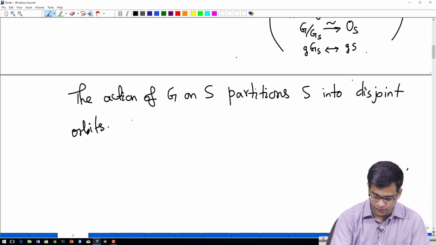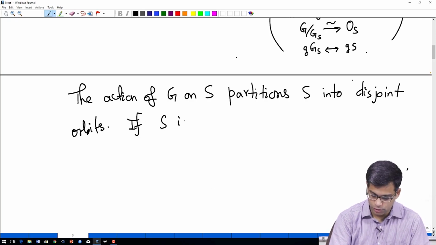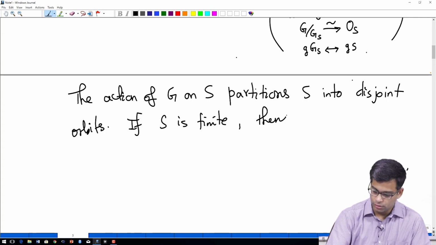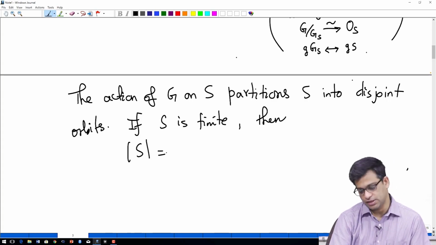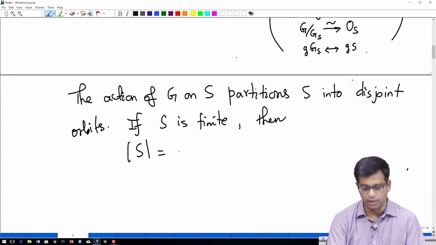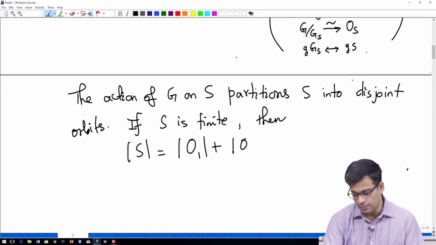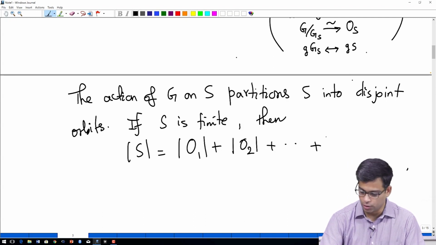So, if S is a finite set, then we can write the order of S, or the number of elements of S, as the sum of sizes of disjoint orbits.